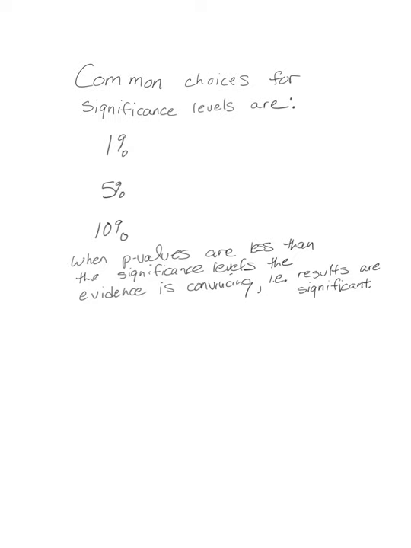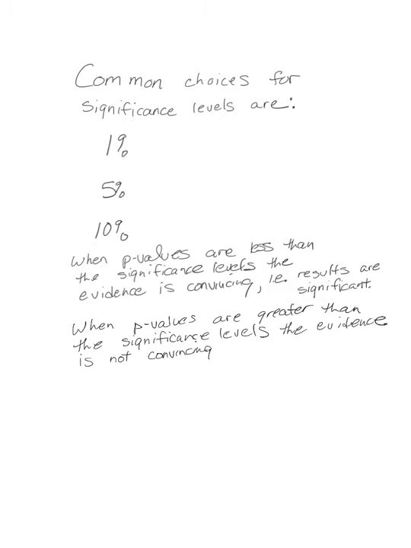In other words, the results are significant. When the p-values are greater than the significance levels, the evidence is not convincing. In other words, the results are not significant. So if the significance level was 1%, 7.35% would be large, not convincing.